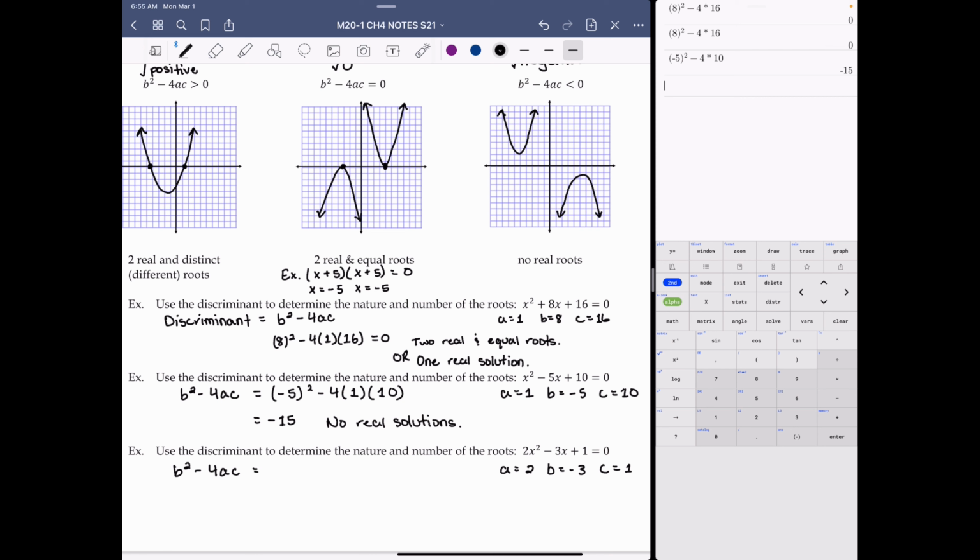Plug in our values: (-3)² minus 4 times 2 times 1 equals 1. Since we get a positive number for the discriminant, that means we have 2 real solutions.